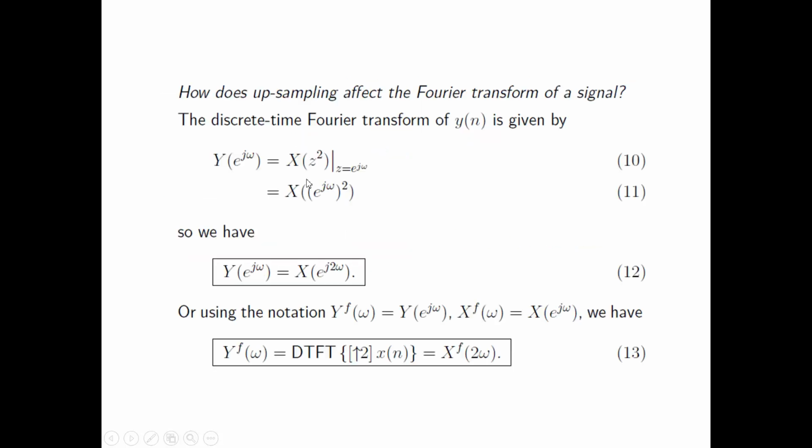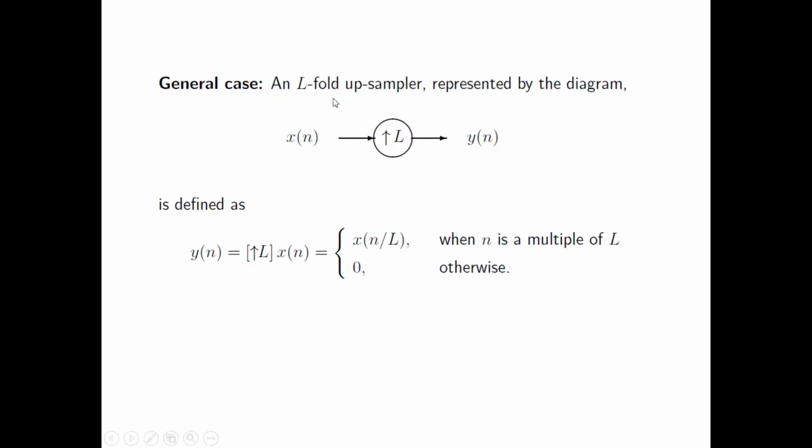Now the theory that we have discussed till now is for the case when the upsampling is done by a factor of 2. Now let us look at the general case of the upsampler, the L-fold upsampler. That means we are upsampling by a factor of capital L, represented by the diagram. So x[n] is the input signal again. We are upsampling by a factor of L, and y[n] is the output signal.